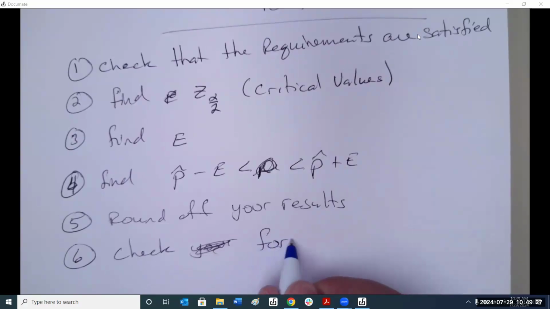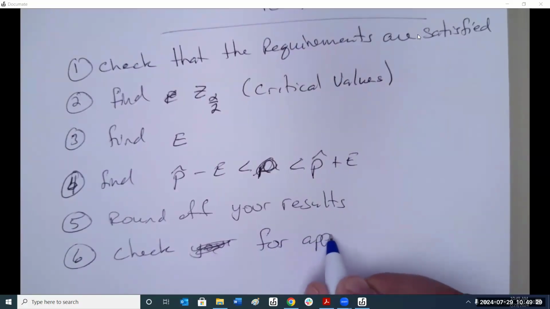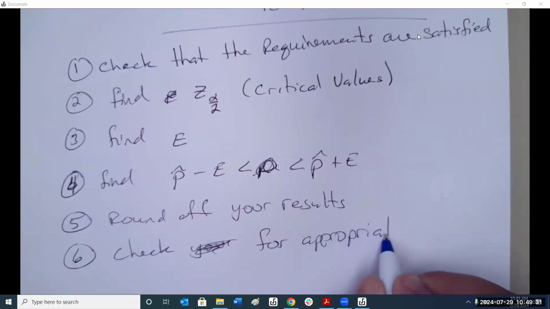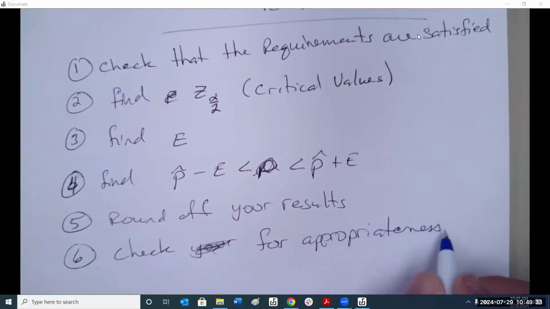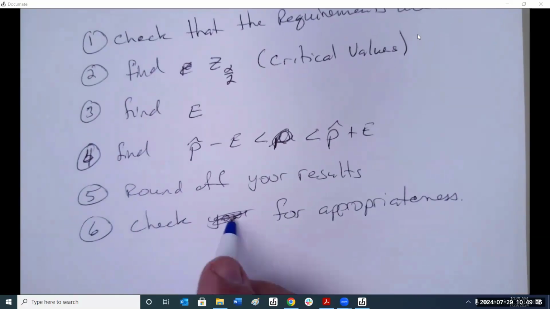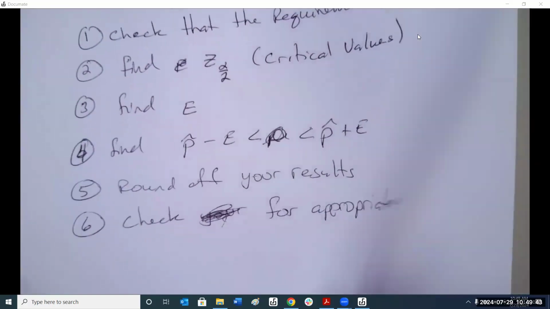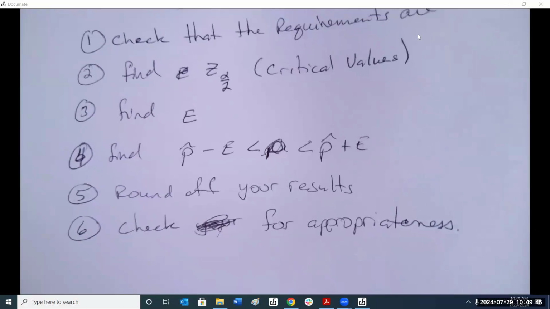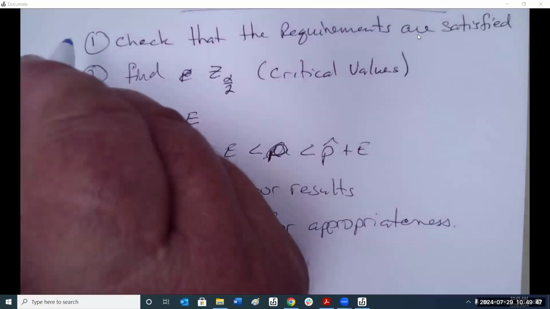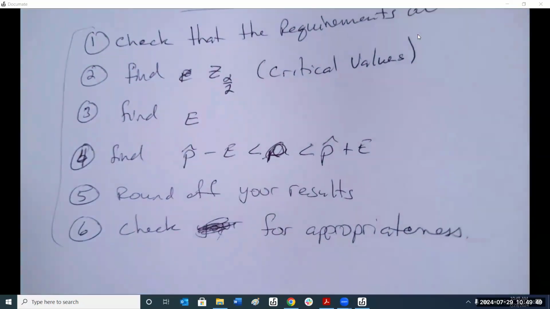Check for appropriateness. Is it going to work? Is it feasible? So let's take example 2. And these are always going to be the steps whenever we do any probability analysis.